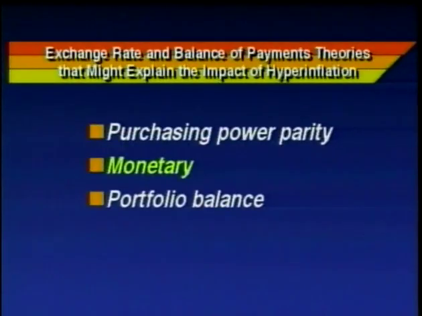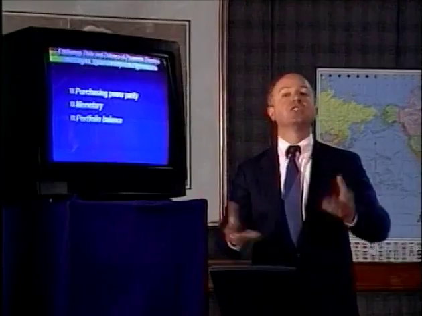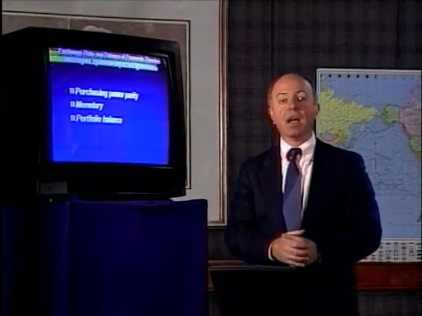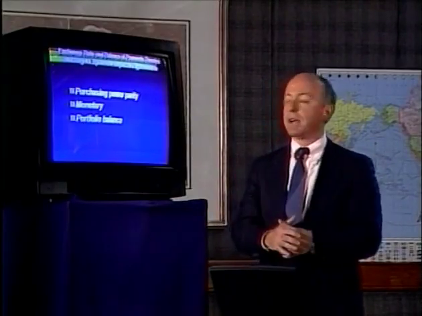Similarly, the monetary approach leads to the same conclusion. Money supply was going up 17,000% in Bolivia, but at a much, much lower rate in the single digits in the U.S. So again, that led to the conclusion that the currency obviously had to decline by an equivalent difference there.